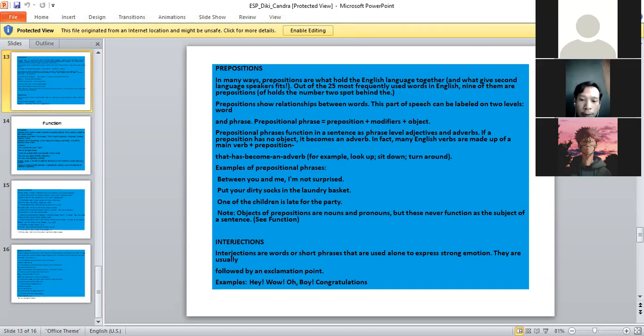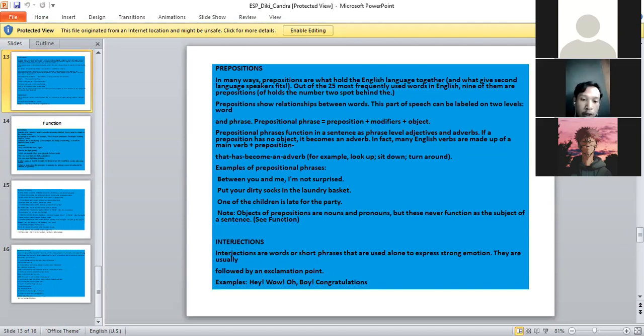This part of speech can be labeled on two levels: words and phrases. Examples of prepositional phrases: Between you and me, I'm not surprised.